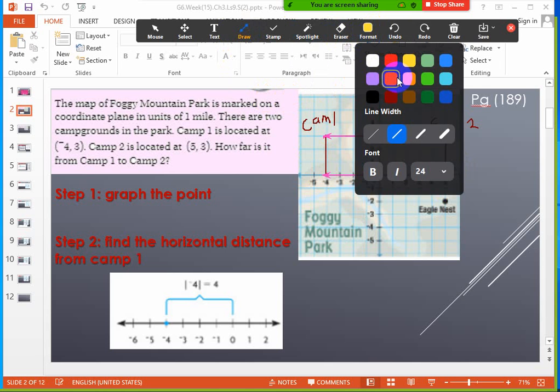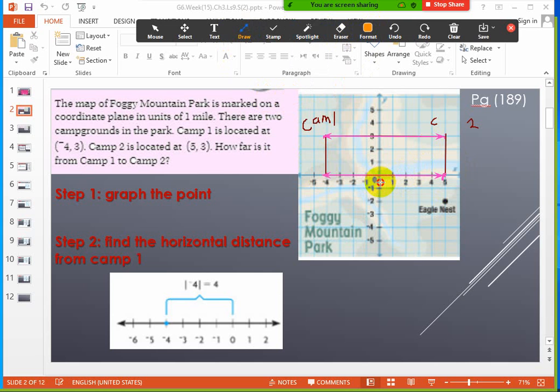Okay, I will change the color. It's the x coordinate for the first point added to the x coordinate of the second point. But of course, the x coordinate for point 1 is negative, -4. You know the distance is positive.